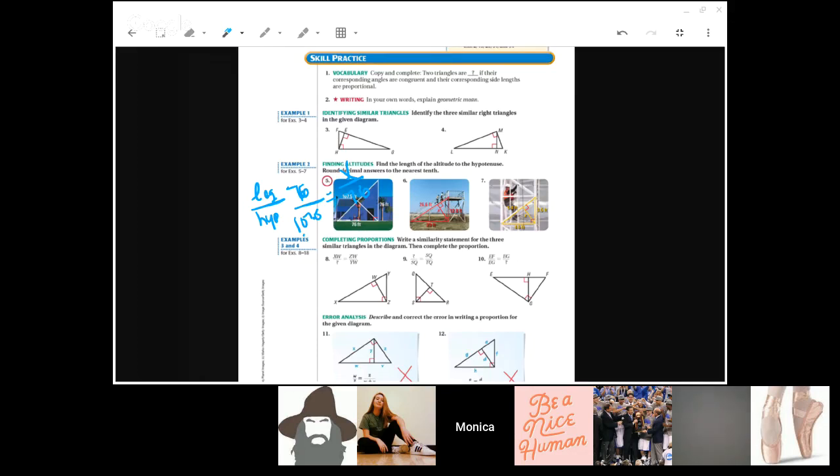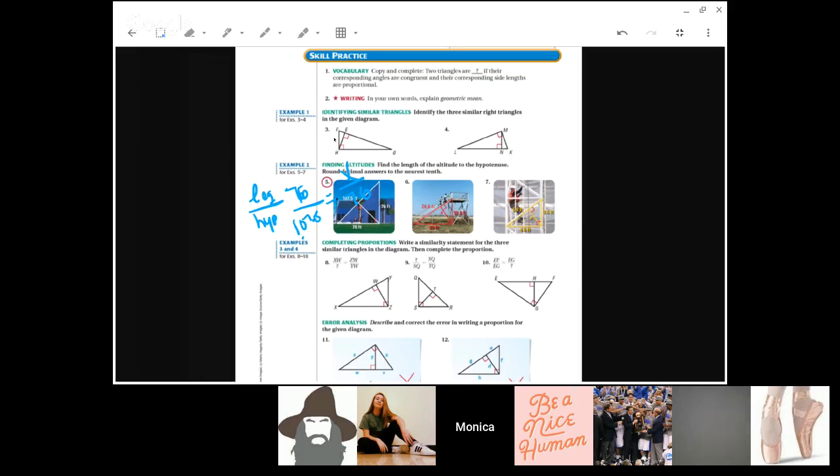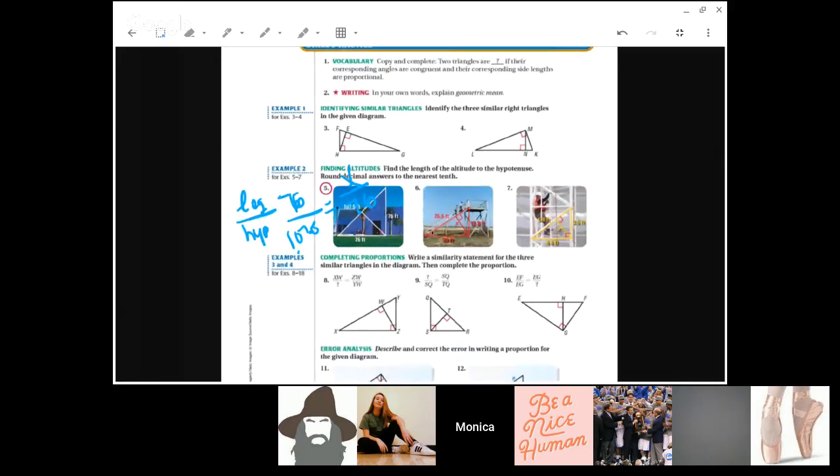So let's see, Natalie, 26.6, the length of the hypotenuse or the medium one? So 26.6 on number 6 is the length of the hypotenuse of the large triangle. Okay, it's that whole side. And then 5.8 is the length of the whole side for number 7, that whole hypotenuse.